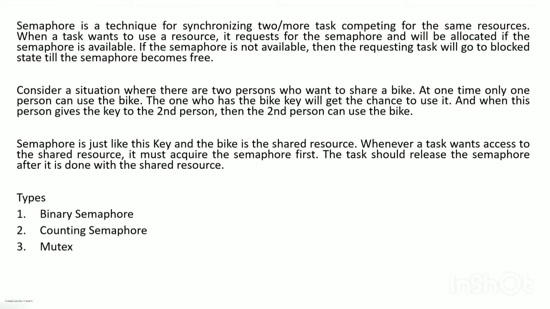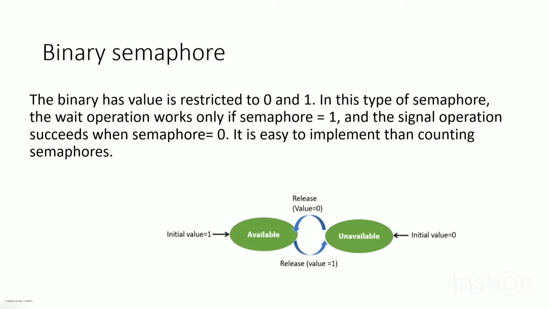Now there are three types of semaphores here. Binary semaphore is there, counting semaphore is there, and mutex is there. We are going to discuss them one by one. First one is binary semaphore. This binary semaphore has values 0 or 1. Normal case: when the semaphore is not being used, that is, the key is not being used by anyone, or the semaphore is untouched, its initial value will be 1.